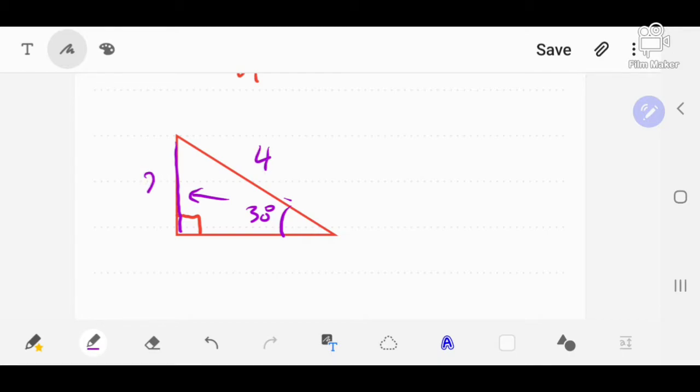And if you try to apply the Pythagorean theorem, you will get that this side, which is the adjacent side to 30, will always be 2 radical 3.